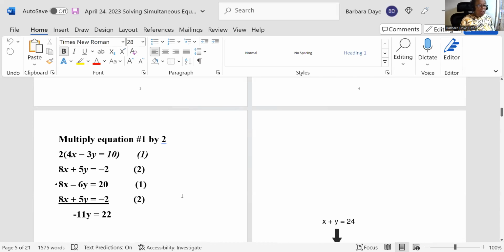Now, Audrey, solve for y. What is y equal to? We divide the 22 by minus 11. 22 divided by minus 11.